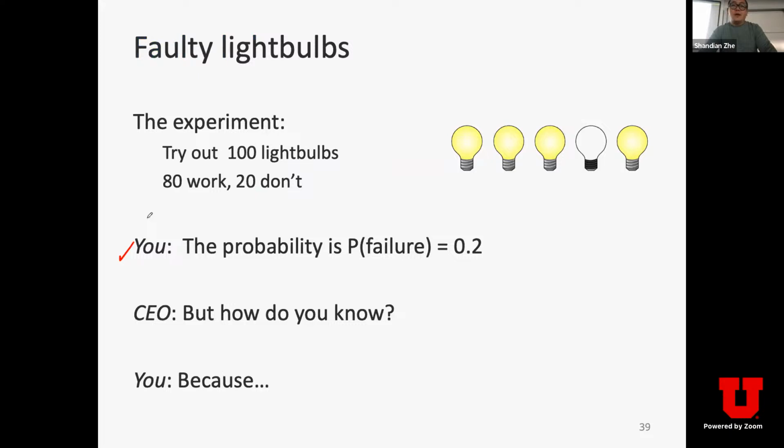And the CEO says, how do you know that? How are you going to respond? How do you explain to the CEO that you know the probability of failure is 0.2?